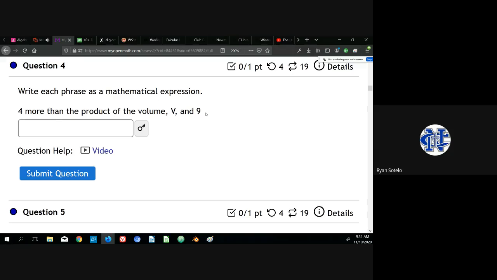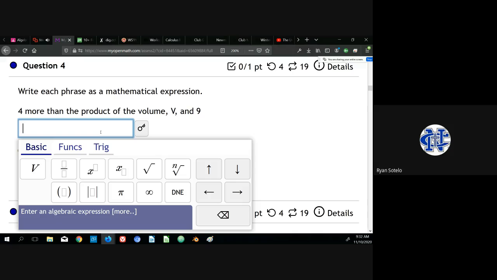You have the product of V and 9, and you want 4 more than that. Take 9 times 4. What's that? Not 9 times 4. 9 times V, and you want it to be 4 more than that. So you take 9V times 4? No. 9V plus 4, yeah. Does that make sense? Yeah.